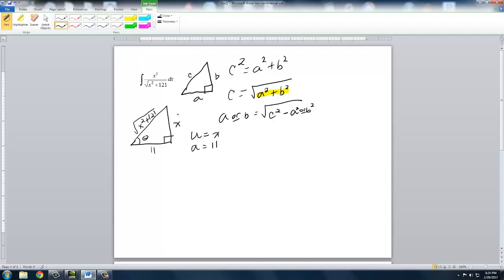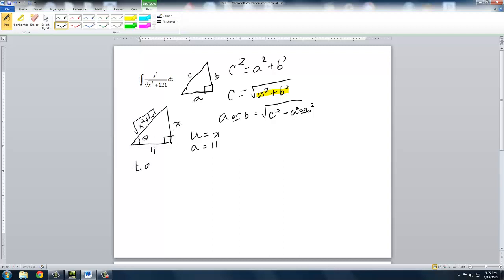So what is x? We want to find out what x is, but not in terms of the square root, because the square root has x's in it too. We want x just in terms of 11 and theta, because there are no x's there. Using theta and 11 with this x, we're dealing with the opposite side and the adjacent side, so this is tangent.